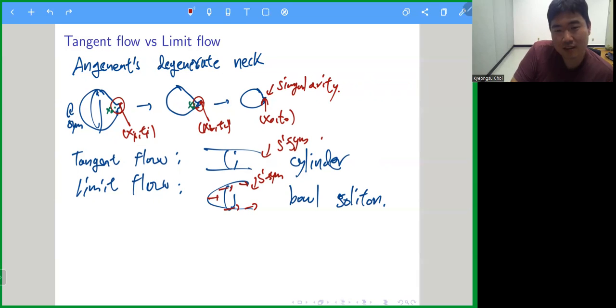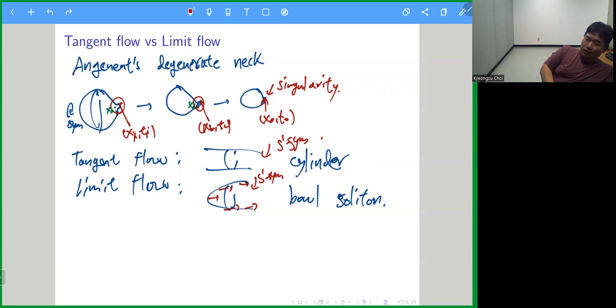And then what are the typical ancient flows? They are self-similar solutions: self-similarly shrinking solutions and self-similarly translating solutions. Here, the cylinder is a shrinker, and the bowl is a translator.